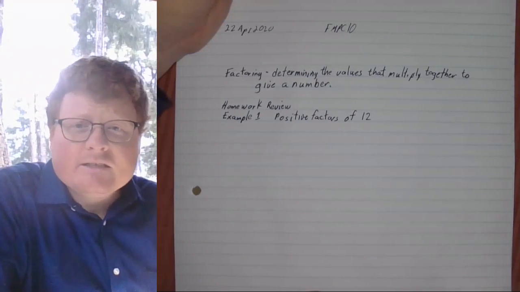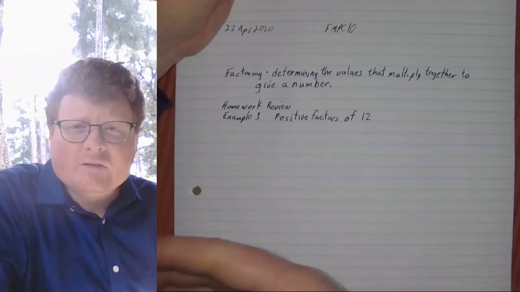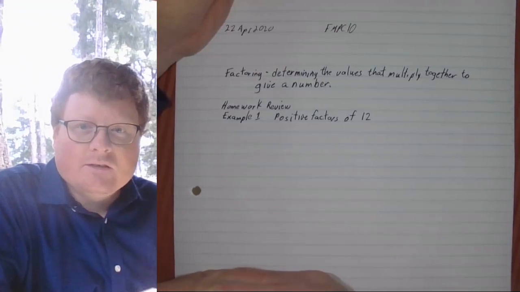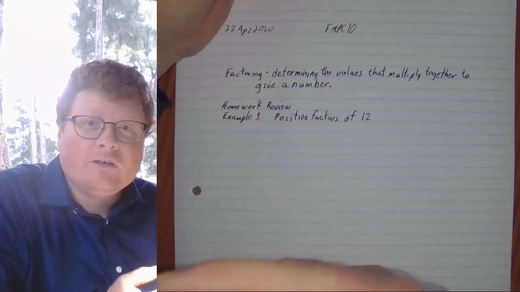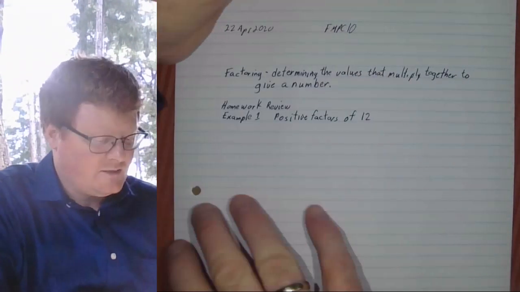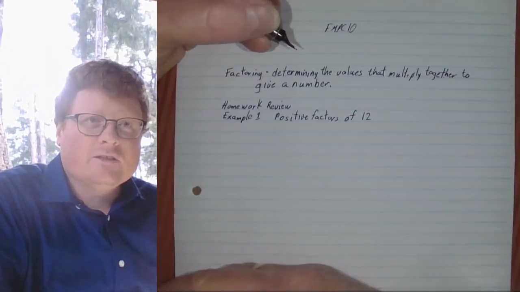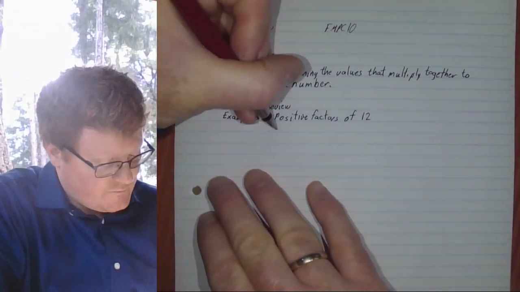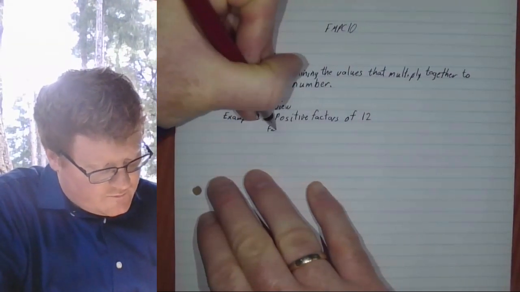So to get a positive number, you would need to multiply together either two positive terms or two negative terms. In this case, I have a positive 12, and I'm looking for all the positive factors of 12. So I'm only looking for numbers that are positive. So your first thing is going through and seeing what in whole numbers you can multiply together to get 12. So factors of 12.